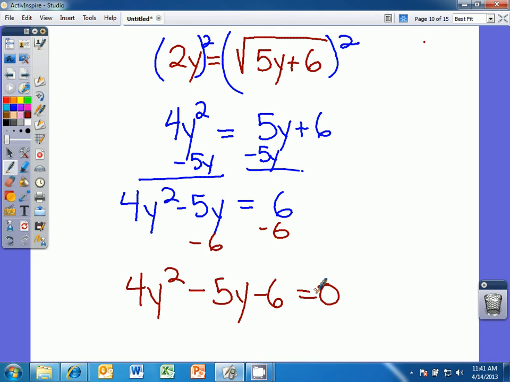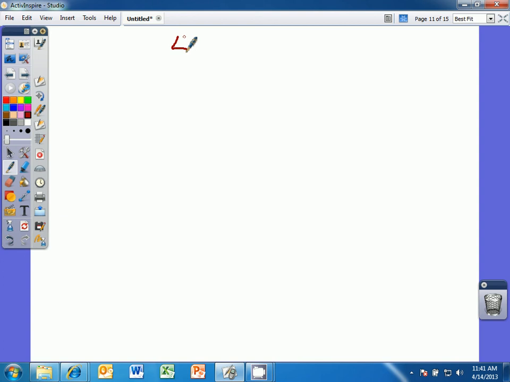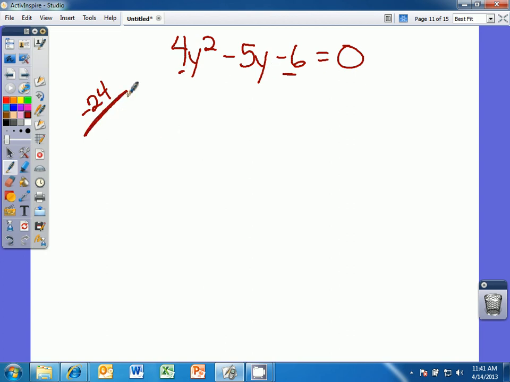I see an easily factorable equation, so I'm going to look for factors of negative 24, which is 4 times negative 6. What are my factors of negative 24 that add up to a negative 5? Well, that's negative 8 times 3.